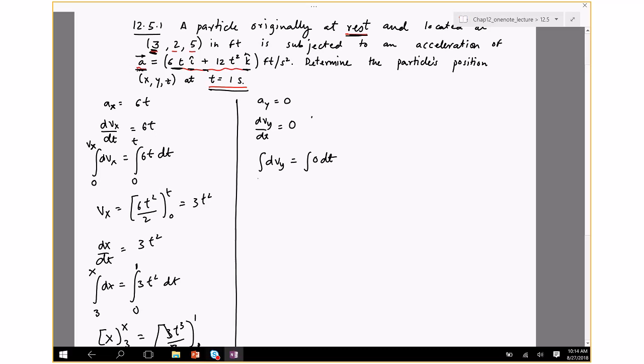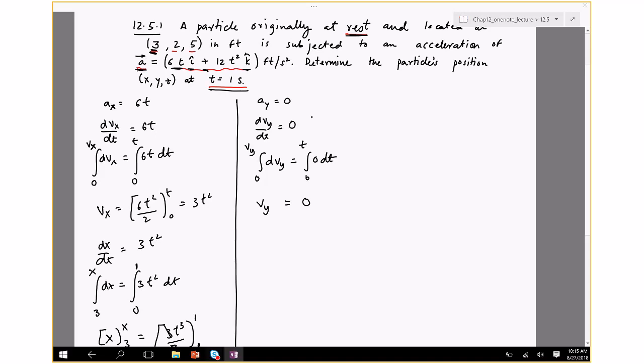Initial velocity is 0, right? Because the particle starts from rest. Initial time is 0. You want to find the new velocity, so this should be vy at time t equals t. So the left side is simply vy, equals what's the integral of 0 dt? 0, right?